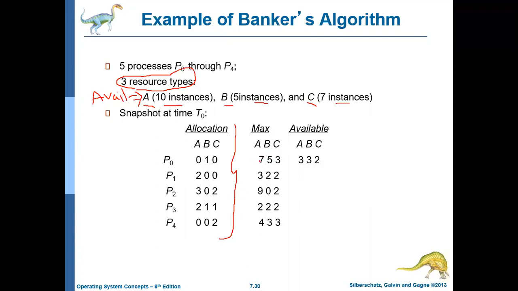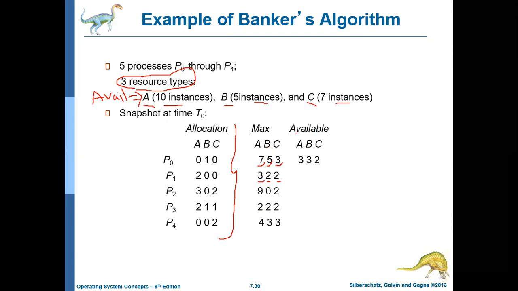So this means P0 will require a maximum of 7 instances of resource A, a maximum of 5 instances of resource B, and a maximum of 3 instances of resource C. And P1 will require a maximum of 3 instances of resource A, a maximum of 2 instances of resource B, and a maximum of 2 instances of resource C. That's what this max matrix says. So we know already max is a matrix, allocation is a matrix.